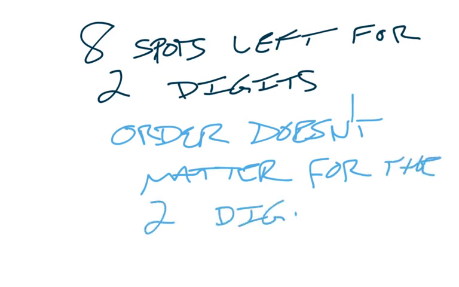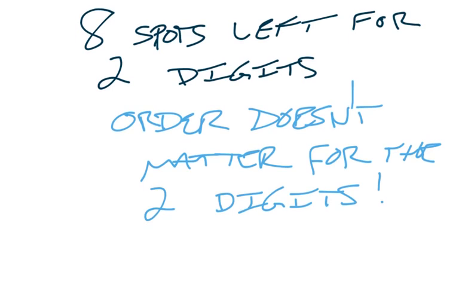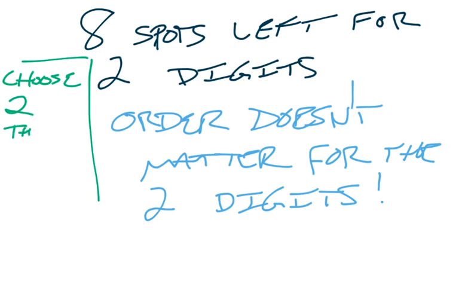What this means is that we are looking at the situation where we want to choose 2 things from 8 possibilities where order doesn't matter.